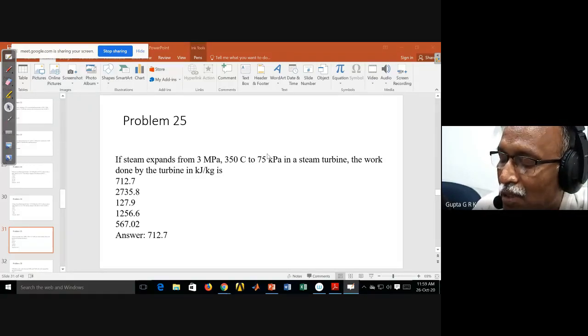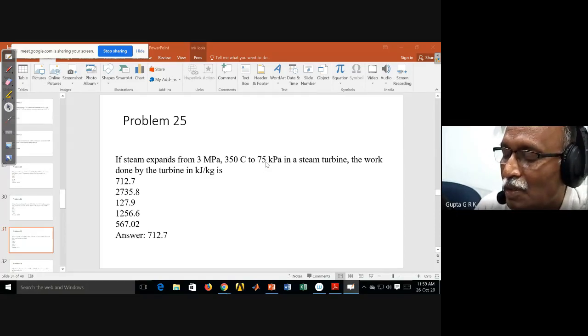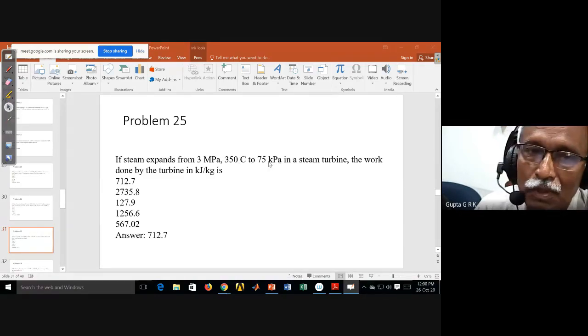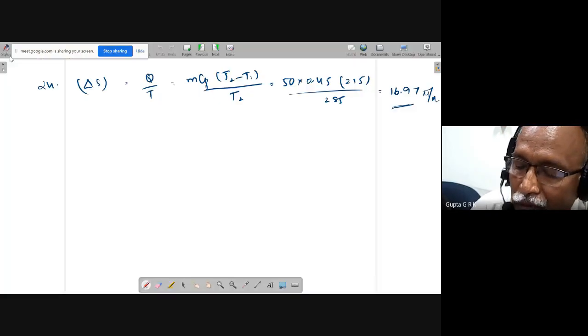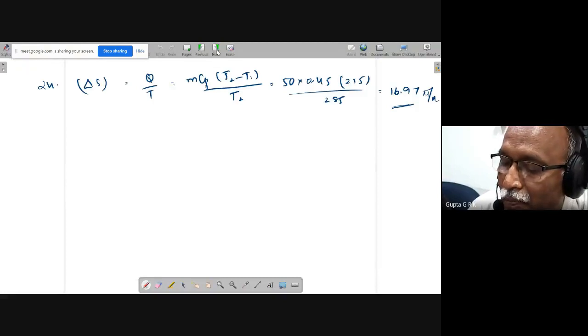At 75 kilopascal, find out Sf and Sfg. And using that, I have to find out what is the dryness fraction. Also find Hf and Hfg at 75 kilopascal and find out what is the enthalpy at the exit of the turbine. So H1 minus H2 will give you the work developed by the turbine. So you can see what is the way to go about.